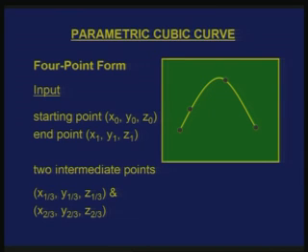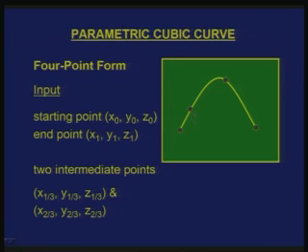Now, suppose I choose 1 by 3 and 2 by 3, that is one good way because I have equal parameter intervals, but the problem here is these points are actually not located at distances which are uniform like 1 by 3 or 2 by 3. So, one way is to calculate the distances.